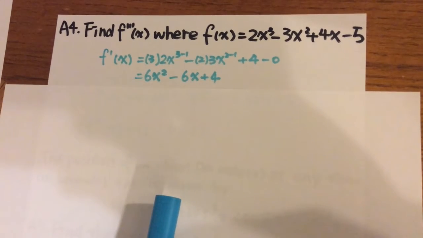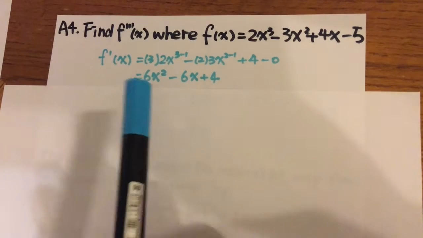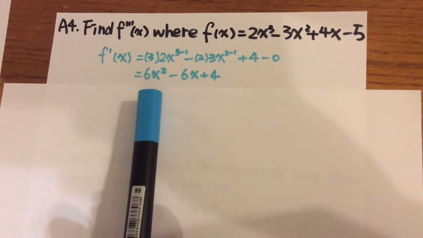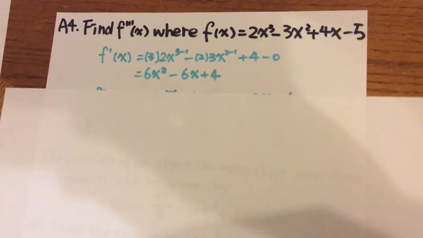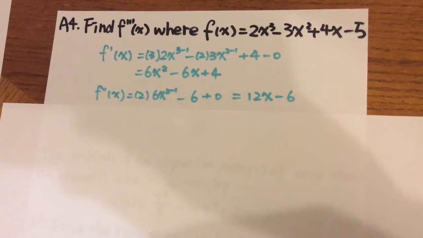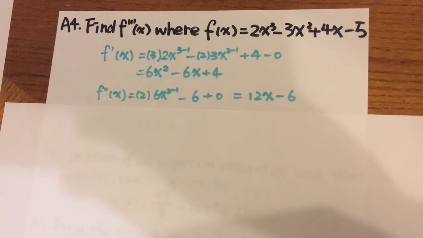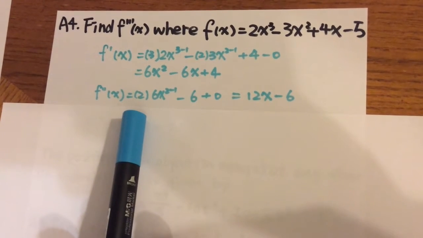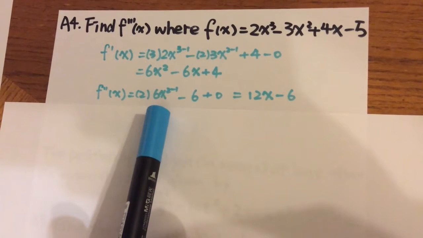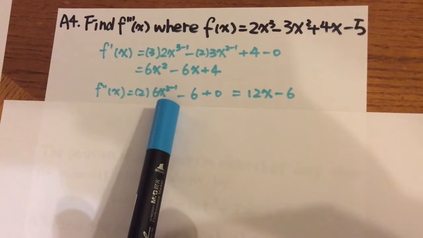So the first step finally gives 6x squared minus 6x plus 4. Next we'll find the double prime of f. The power goes to the front, which is 2, and 6x and the power is 2 minus 1.